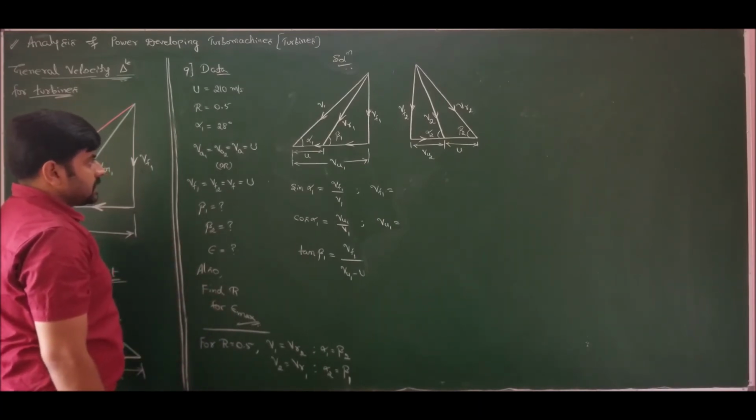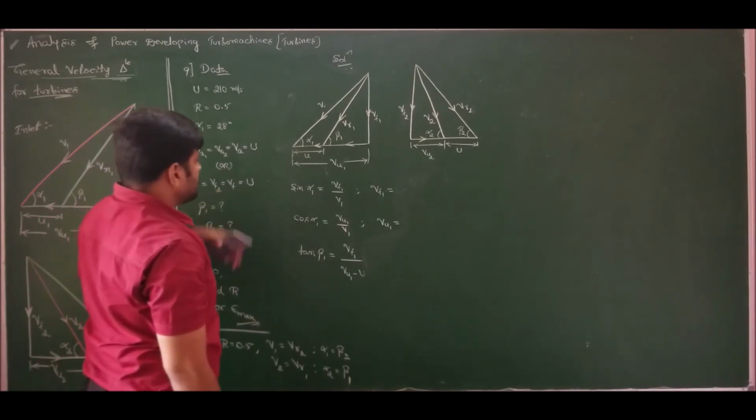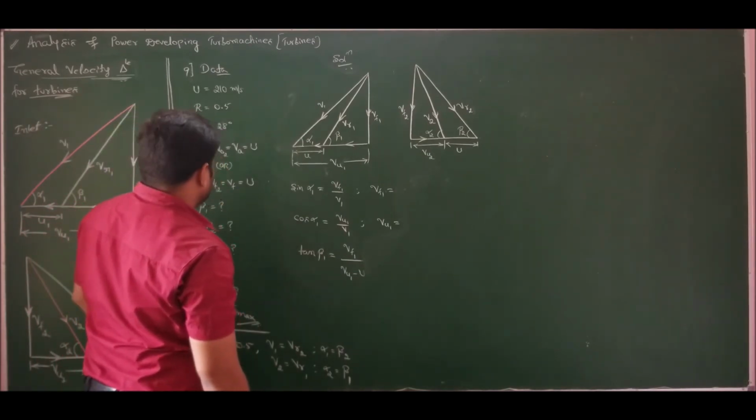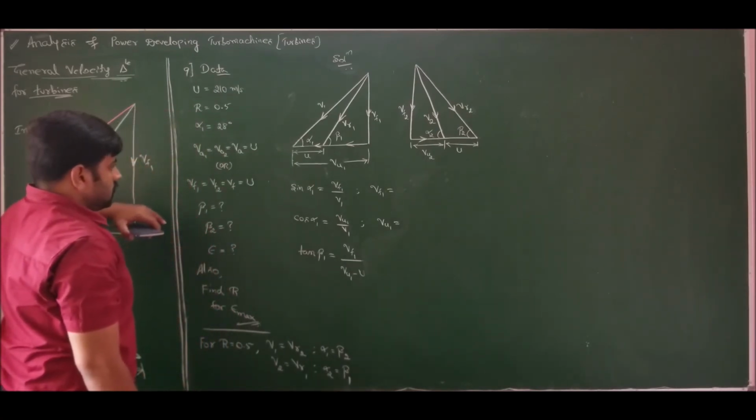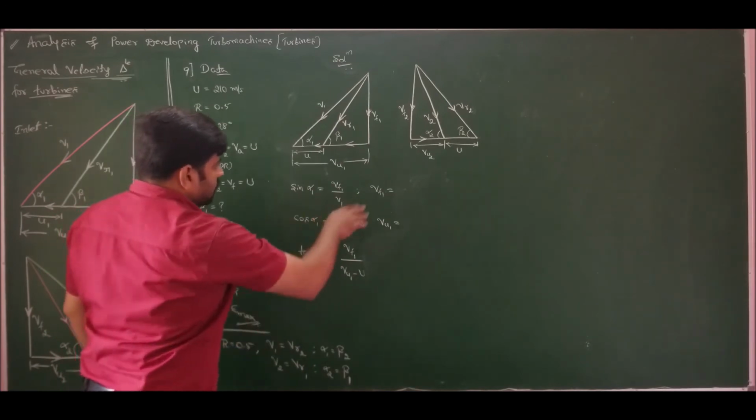Since we stated that the axial component of velocity is equal to the tangential blade speed, Vf is known to us, 210. Now I can find the value of Vu1.